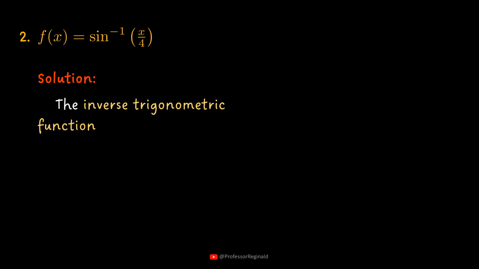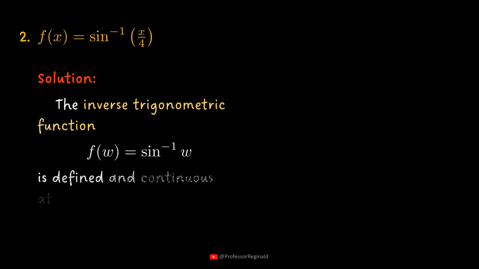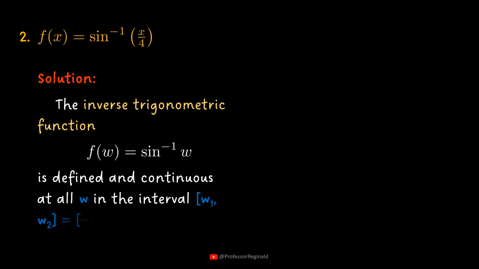Number 2. F of x equals the inverse sine of x over 4. Solution. The inverse trigonometric function, the inverse sine of a temporary variable, say w, is defined and continuous at all w in the interval -1, 1.